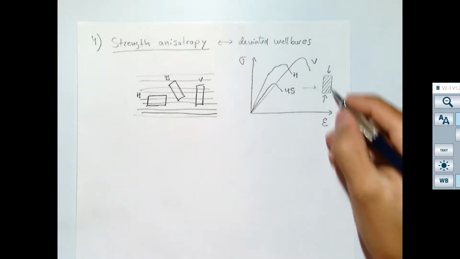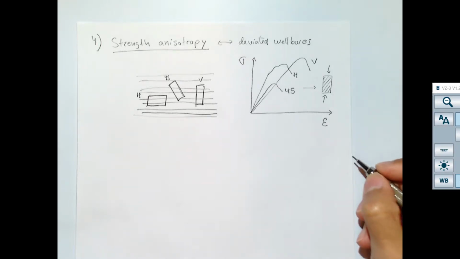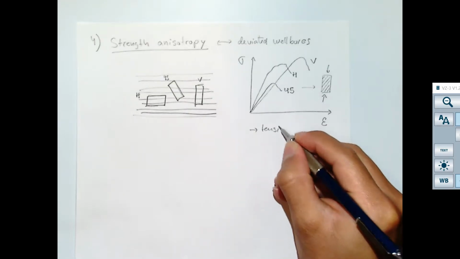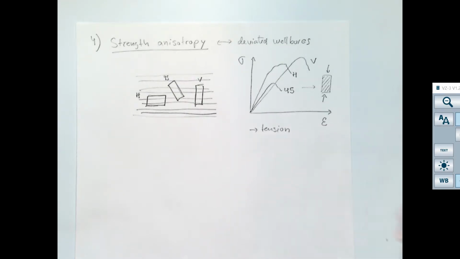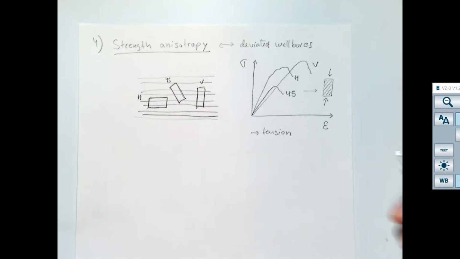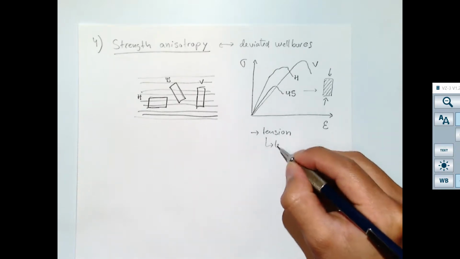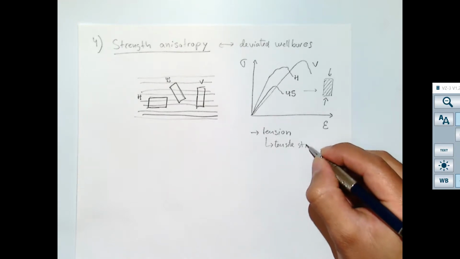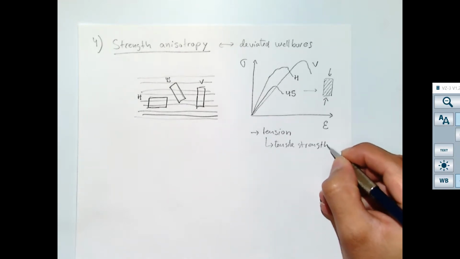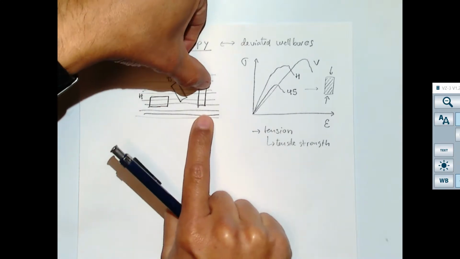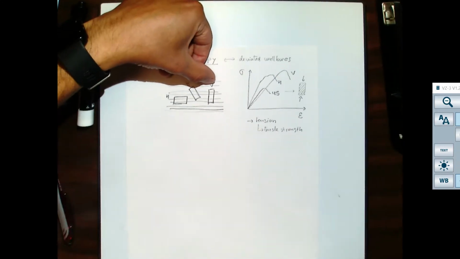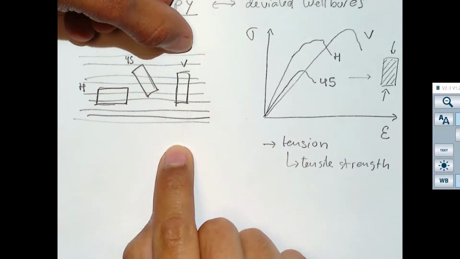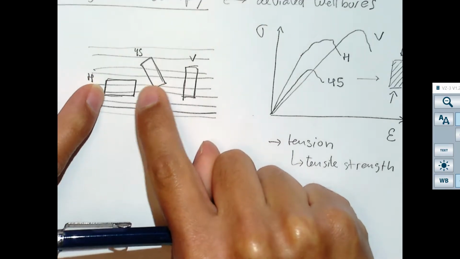So this is a case for a compression, but you could do the same thing with tension, and you will see that there is also an anisotropy of strength for the tensile strength. It's not the same to load it or to pull it from here to there, like that, or to pull this one from here to here.